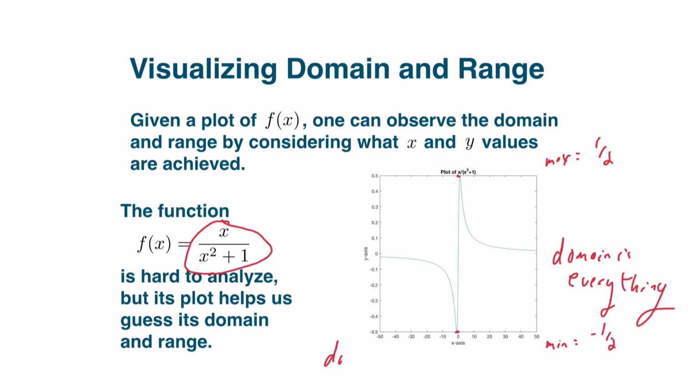So we would hypothesize that the domain is minus infinity to infinity, and the range is -1/2 to 1/2, and I include those. So I use these square brackets instead of the parenthesis because I include the endpoints. This is just a nice way to test if you really understand domain and range. Look at a picture and tell me what the domain and the range are.